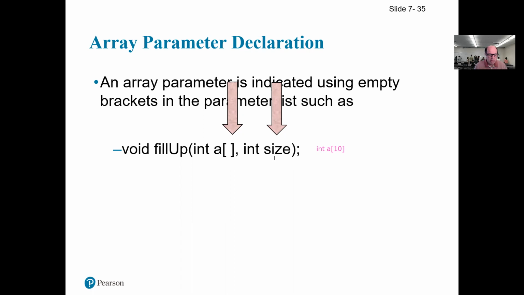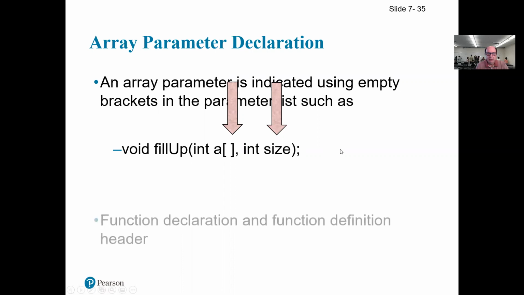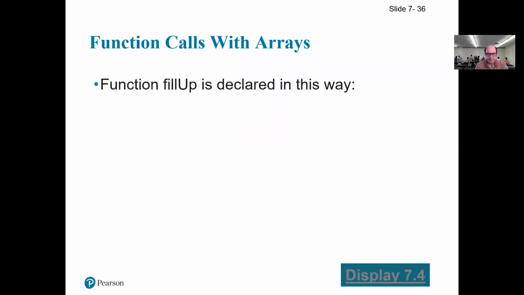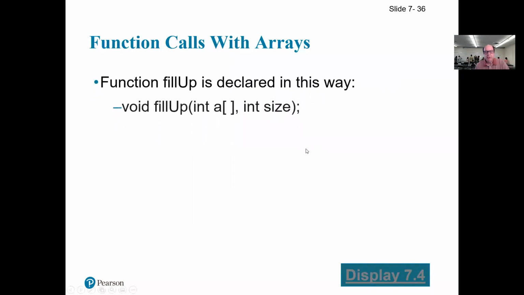And we also need to pass the size. We're going to talk about the reason why we are passing the size of an array to a function. So this is going to be for my declaration and definition. It's going to have brackets with nothing in it. That's another thing we have to remember for arrays. So how do we declare it?